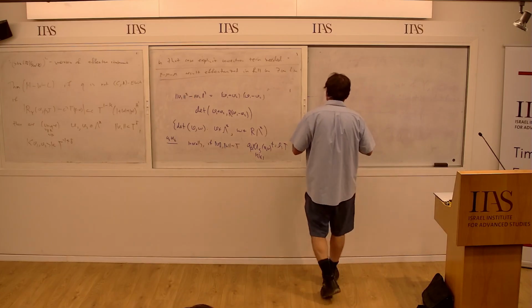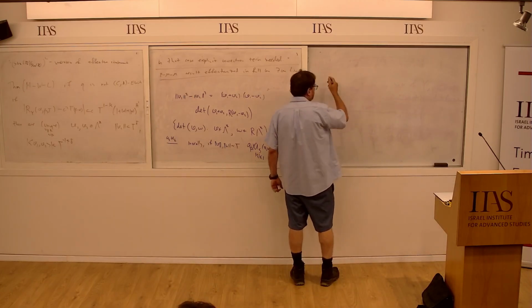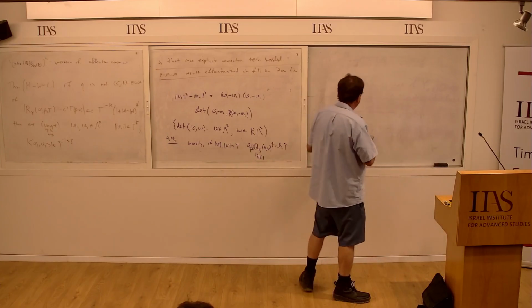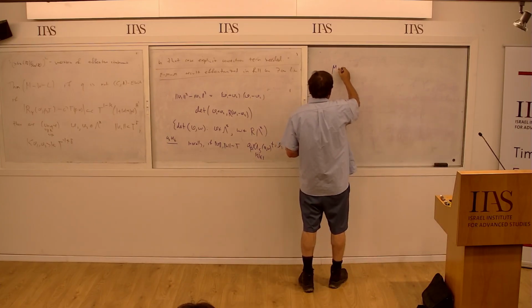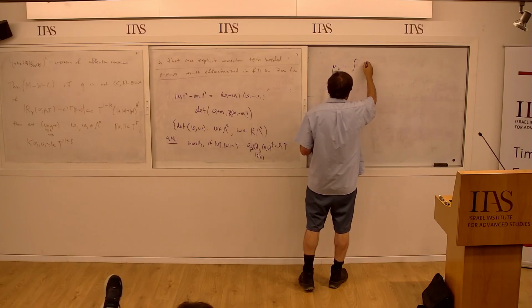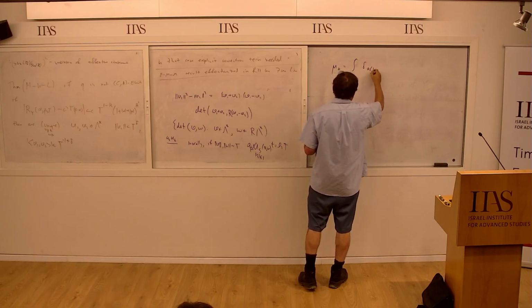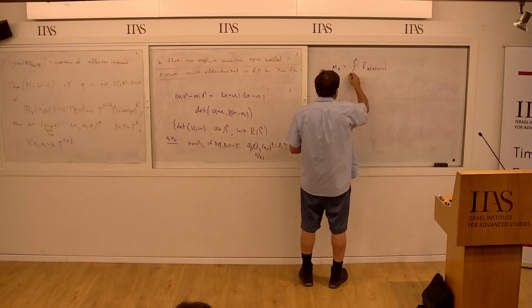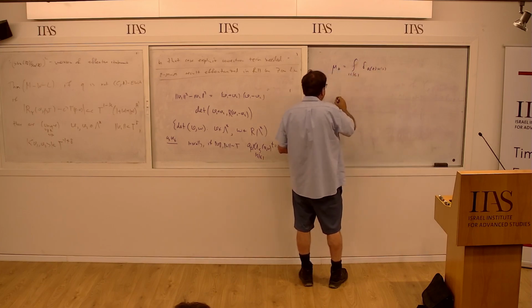So one way to think about it, let's say mu_t is as before. It's the integral of delta a_t u_s, s between 0 and 1, this is the probability.